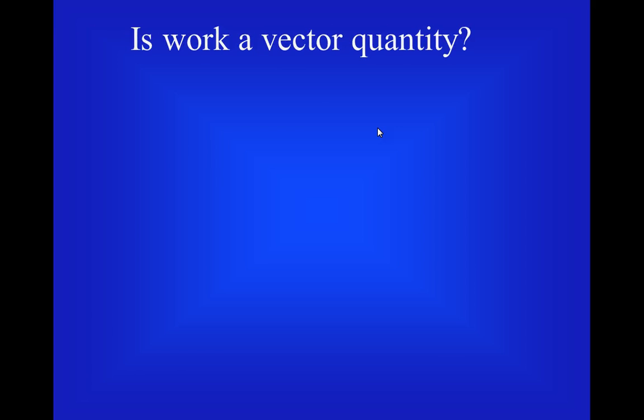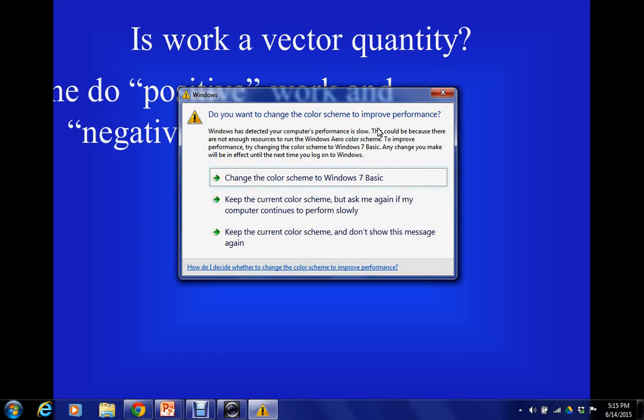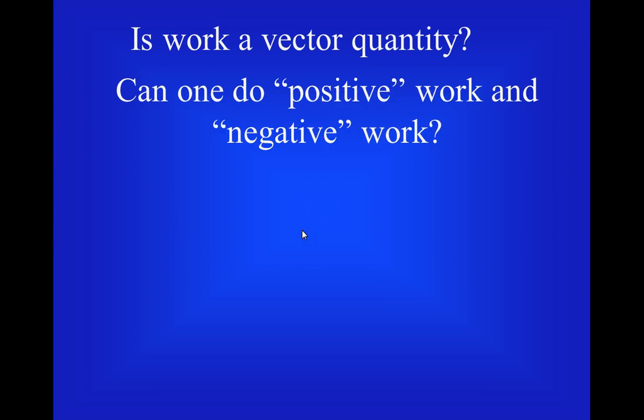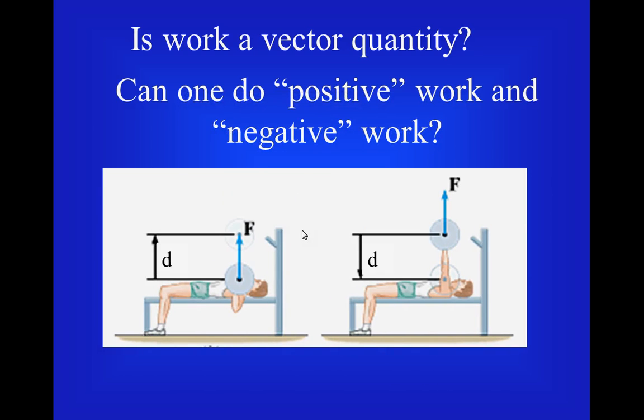All right, is work a vector quantity? Can one do positive work and negative work? Well, yes. If you're working out and you're lifting up the barbell, then you provide a positive force over a positive displacement.